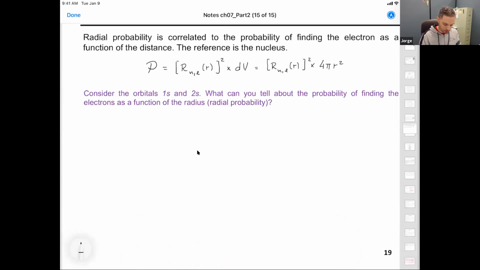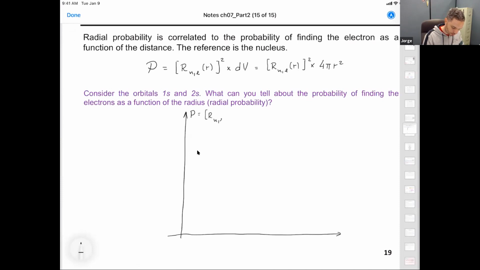While you think about that, I'm going to draw the axis here. I'm going to do a big one. I'm going to stack both graphs here just to be more convenient. And here is going to be probability, which is equal to the radial wave function squared times 4 pi r squared, as a function of the radius.